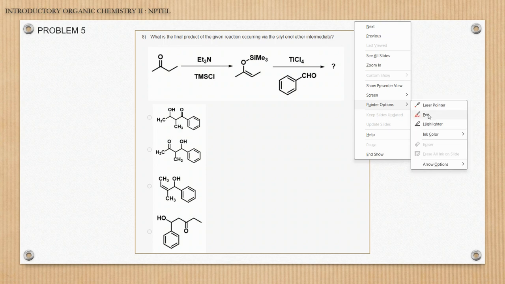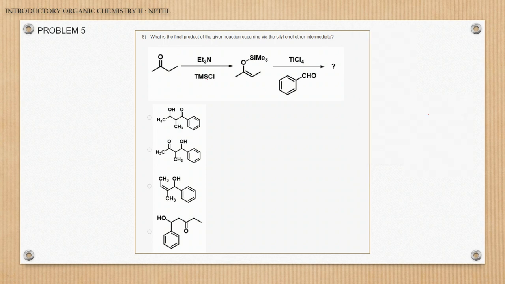So coming back to problem number 5. Guys, they have taken a ketone and they have treated it with triethylamine and TMS chloride. So now what will happen? This TMS chloride, that is the trimethylsilyl chloride. So this is trimethylsilyl and you have to add chloride here. So what will happen here?